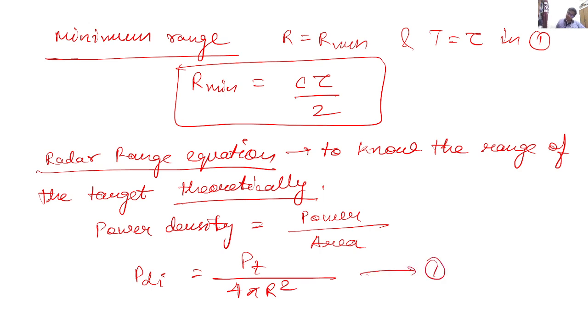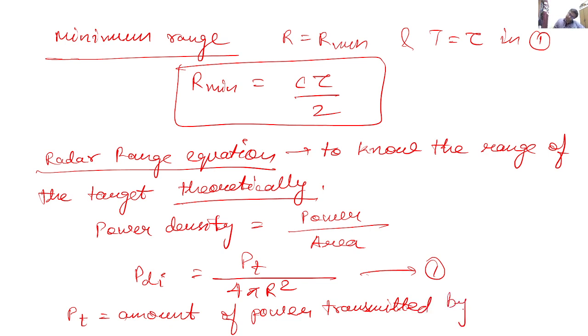Let us suppose this is equation number 1. PT is the amount of power transmitted by the radar transmitter. Okay.